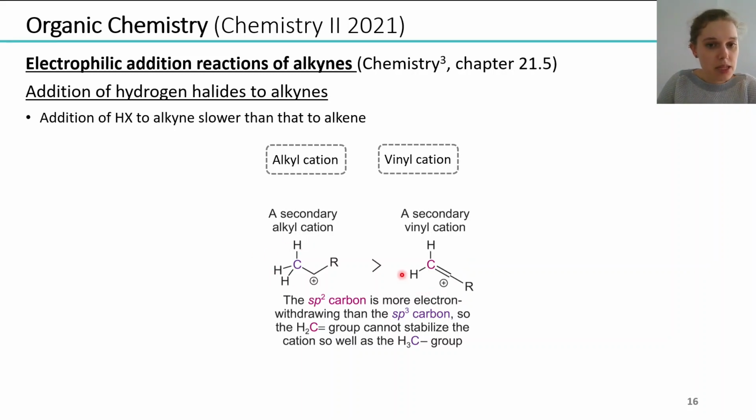This in turn means that if we have an alkylidene group, the positive charge is not as well stabilized as for this alkyl group with less electron-withdrawing effect. And this finally explains the differences between the addition to a carbon-carbon triple bond and to a carbon-carbon double bond.